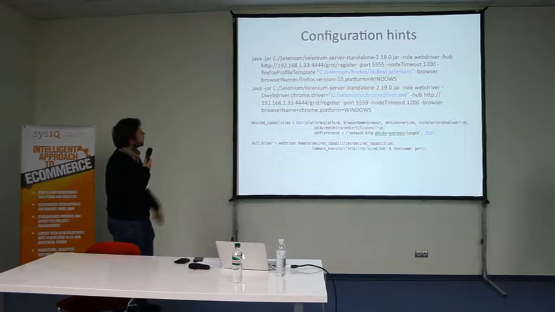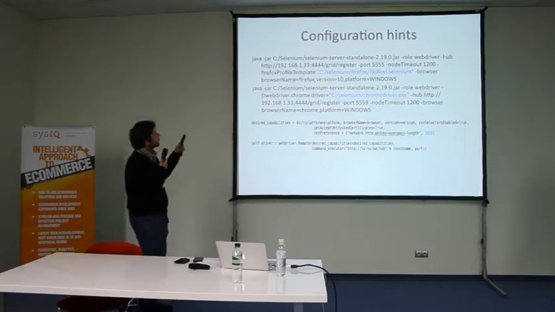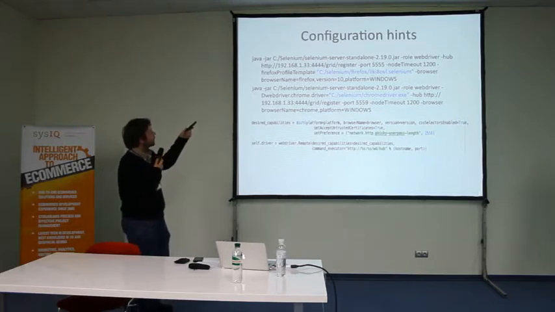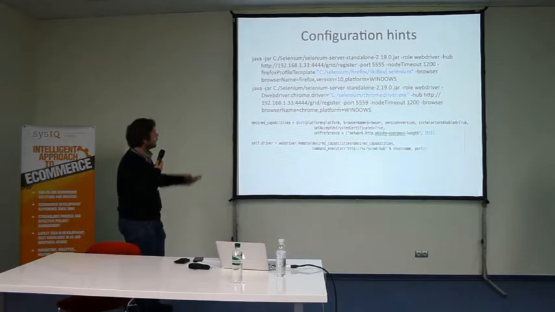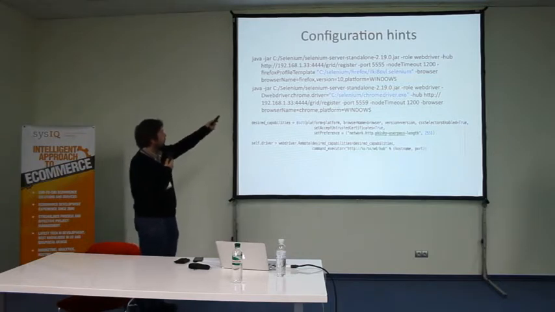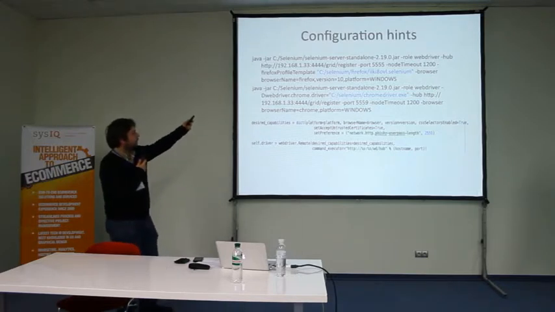That's an example of how I configure Selenium Grid for Firefox 10, and I have a specific profile which is placed on my Windows machine. I also tell it that I want specifically version 10, and I can have another profile with version 9 or version 11.